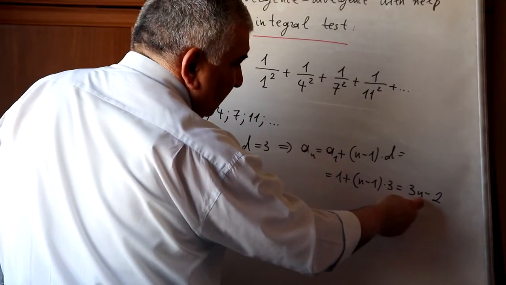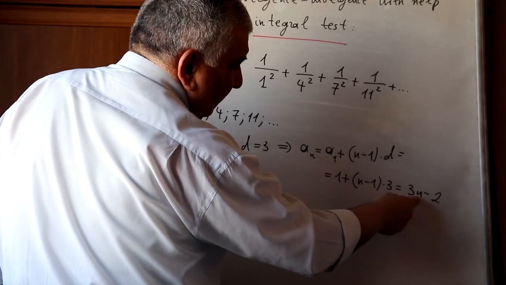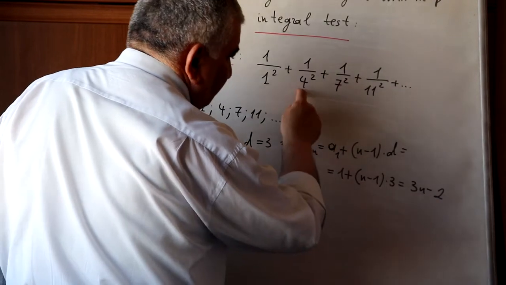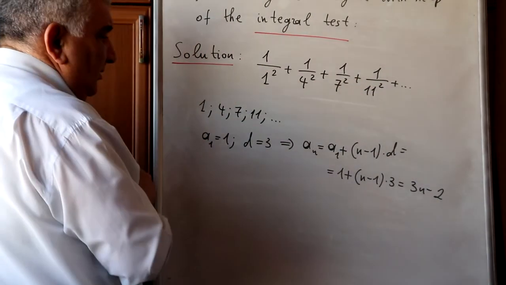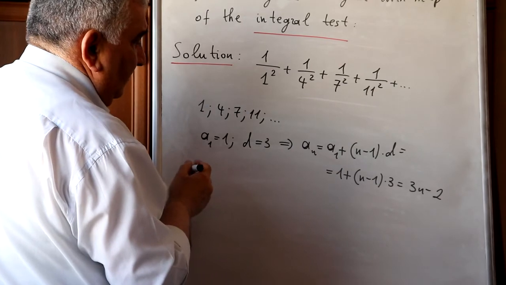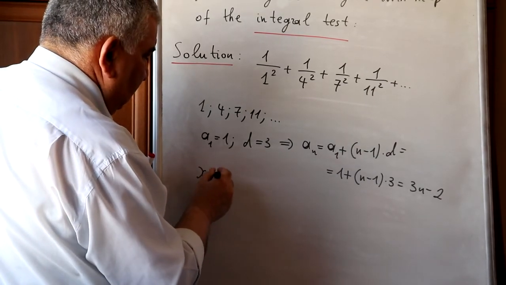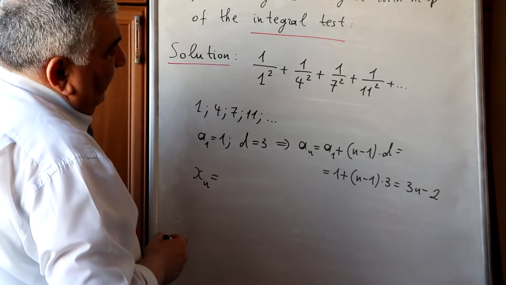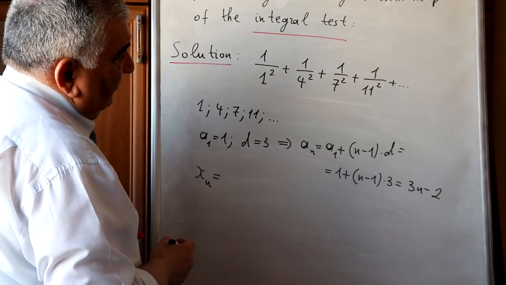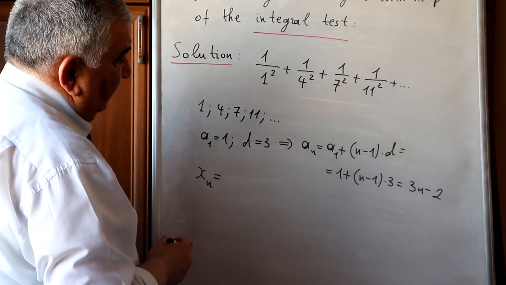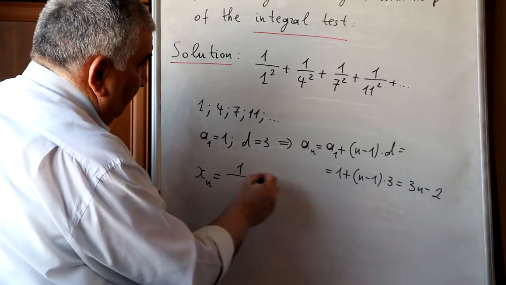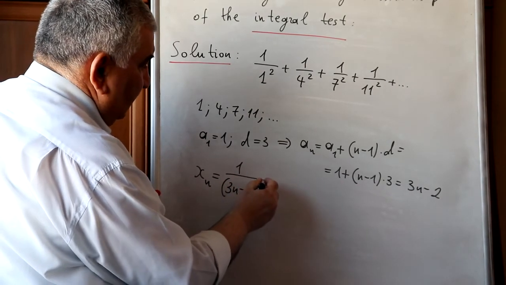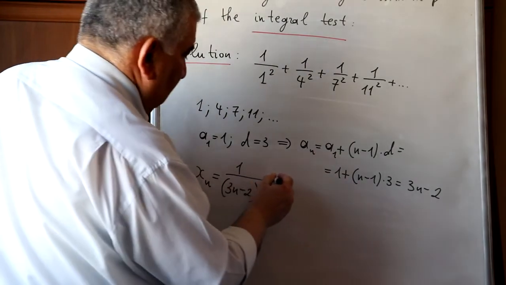Substitute 2 instead of n. 3 multiplied by 2 is 6, 6 minus 2 is 4, etc. And it means the general term of the given series has the following formula: 1 over 3n minus 2 squared, and it is f of n.